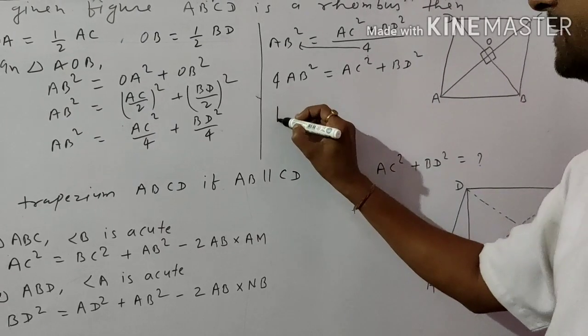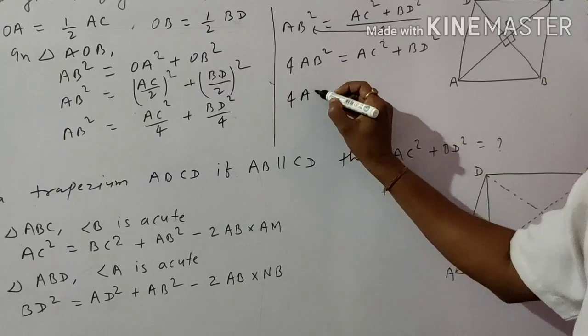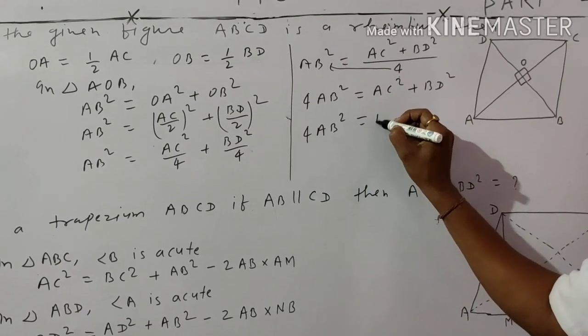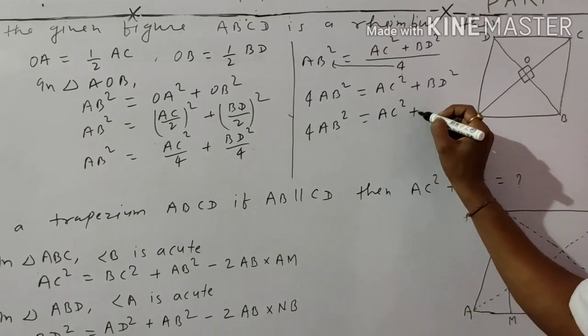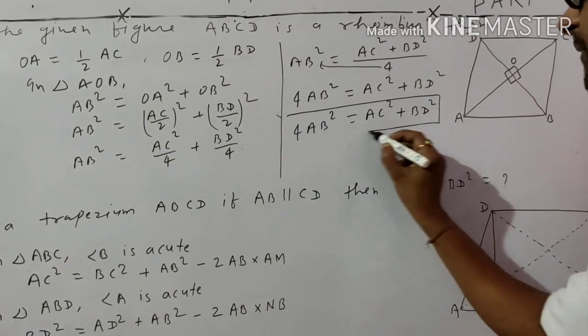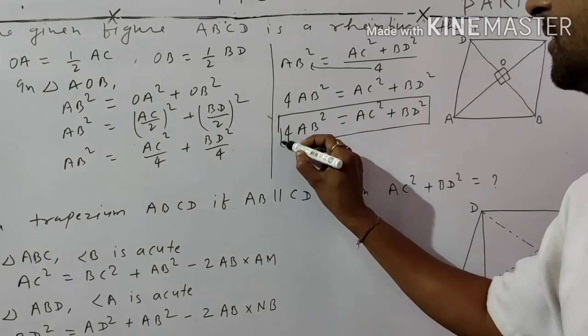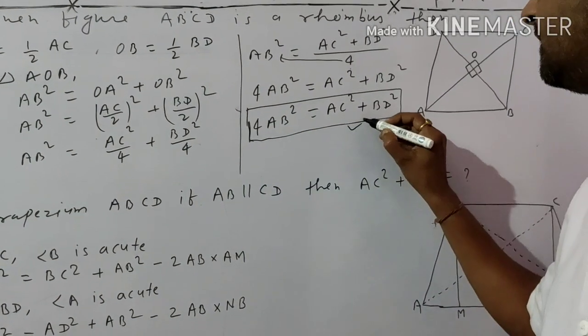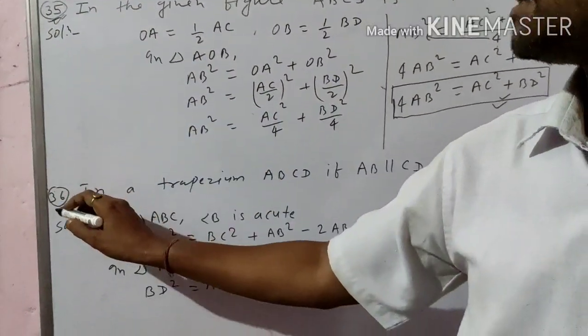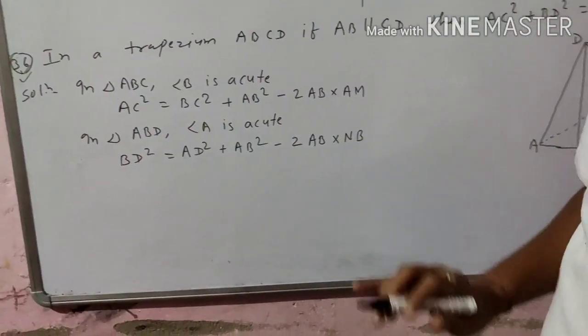So this is the relation of this rhombus. This is your final answer. Look at here, student, which option is right. Okay, student. So question number 35 is completed, and the last question is question number 36.